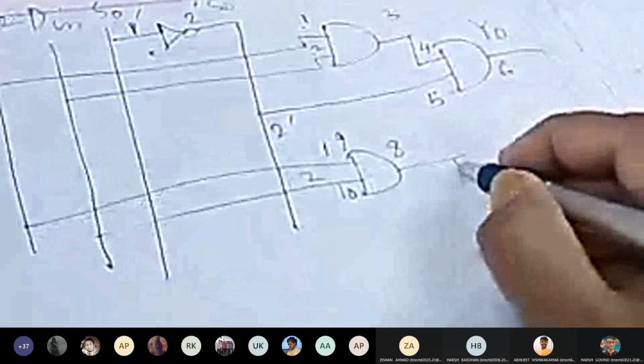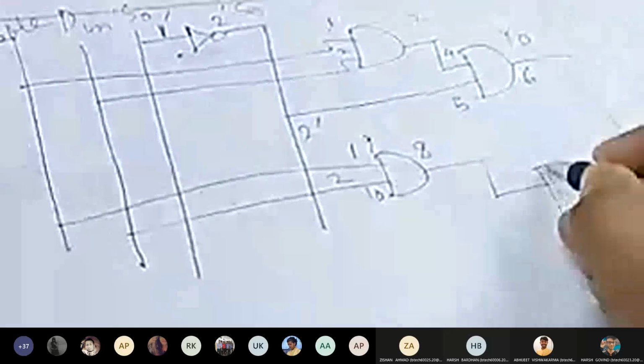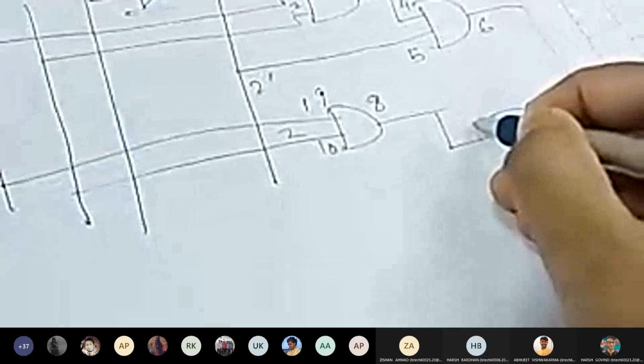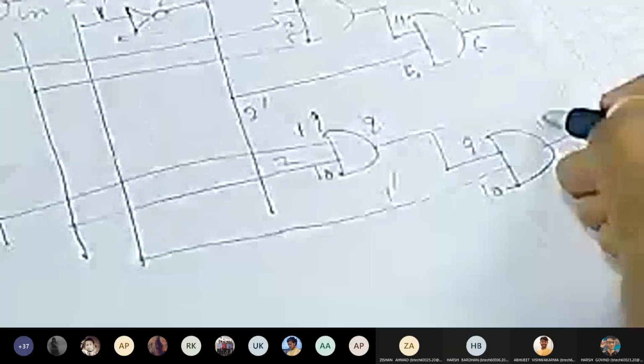This output 8 will again become the input, then 9, and here 1 dash, this is 10, and here we are getting 11.